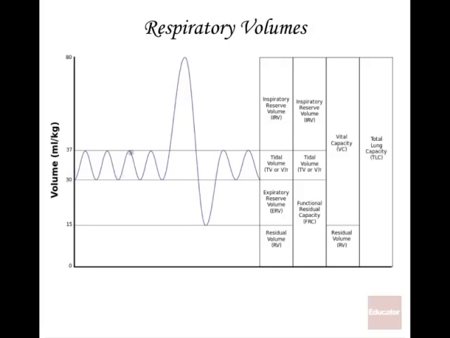I'm going to move my pen along here and show you what's involved. So here we go. I'm taking inhalations and exhalations that are just very shallow here. Here comes a big one. And so on.